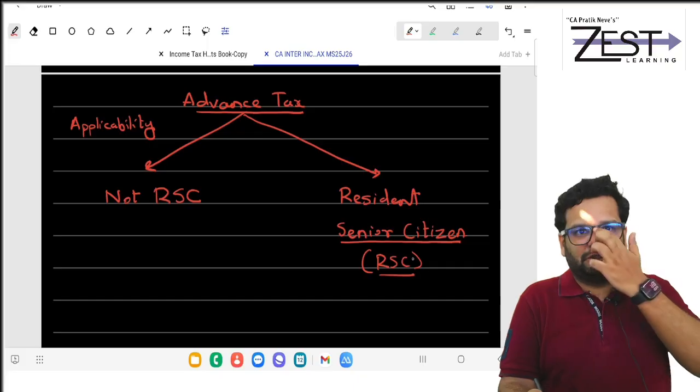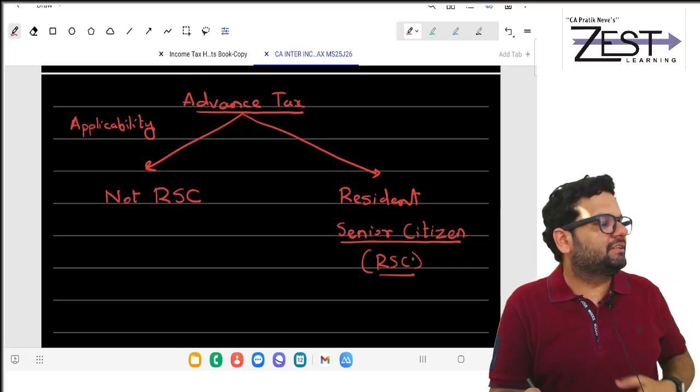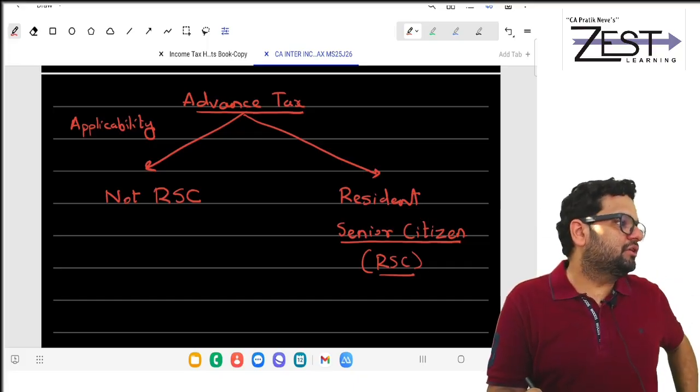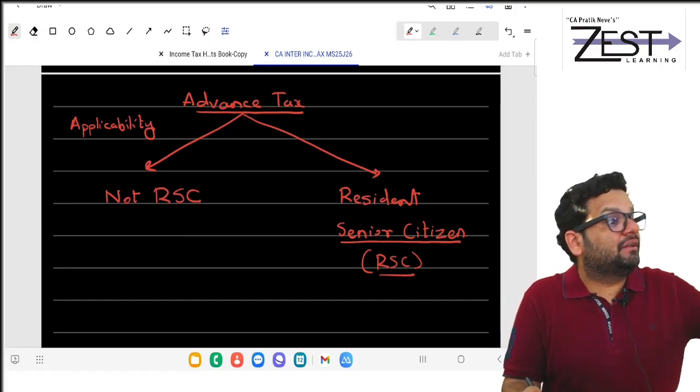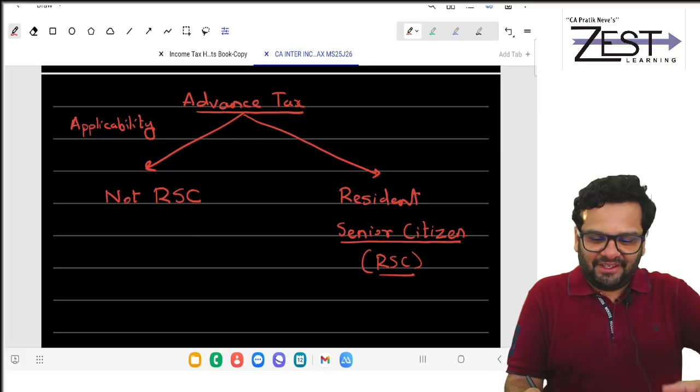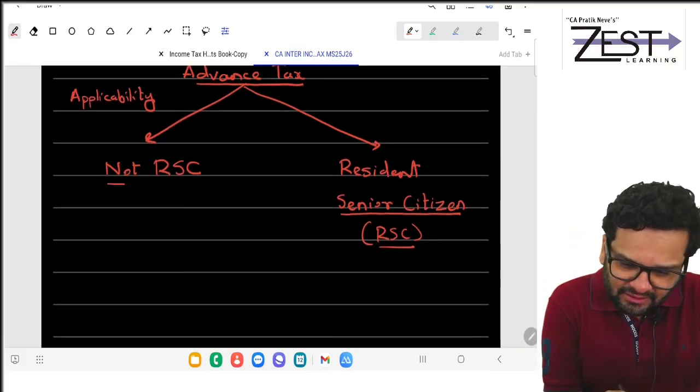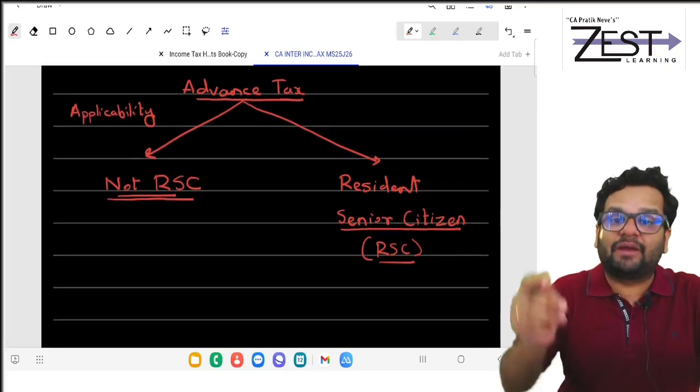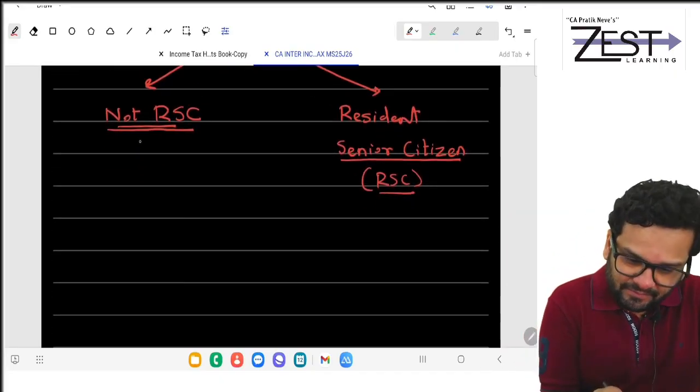All of you know the definition of senior citizen: age 60 or more than 60 in the PY. If you are not a resident senior citizen, then advance tax is applicable.